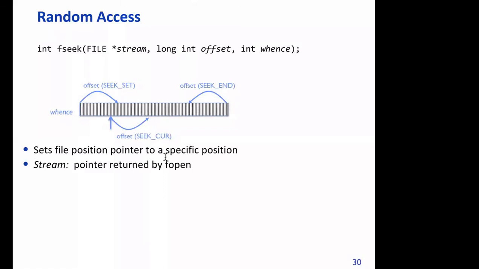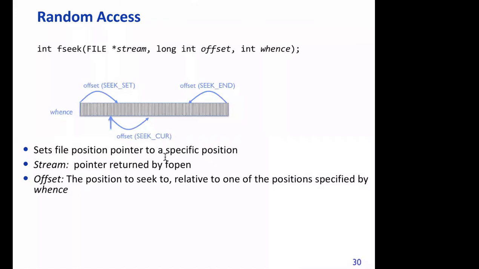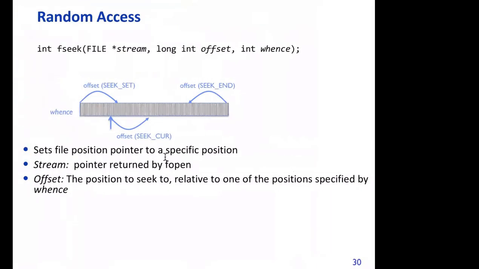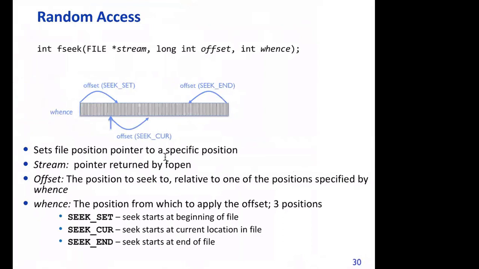So this sets the file position pointer to a specific position. Offset tells you how much, and whence tells you from where: from the start, from the current position, or from the end. We'll then use the offset value to go to the new position of the pointer, the file pointer, or position pointer, sorry.